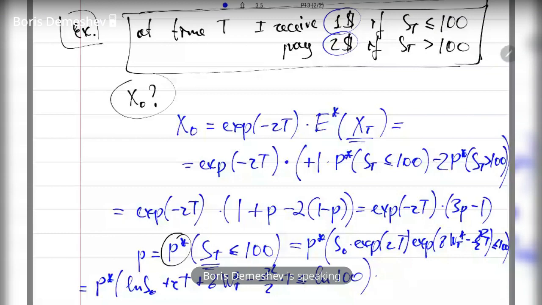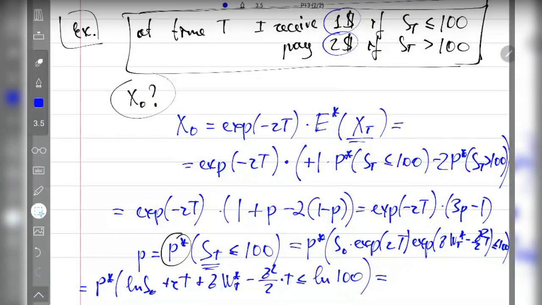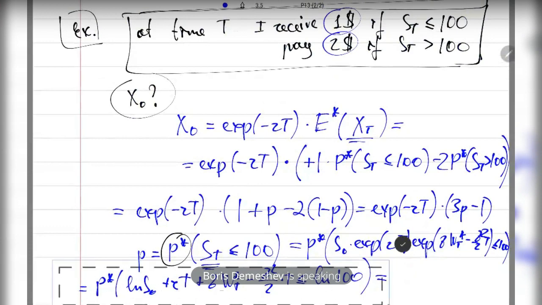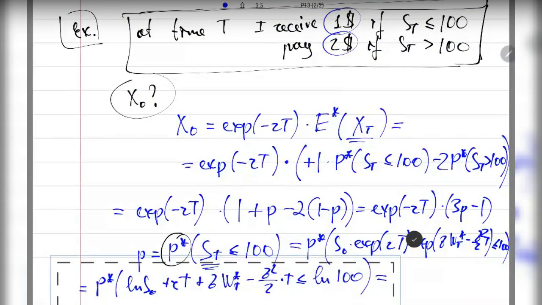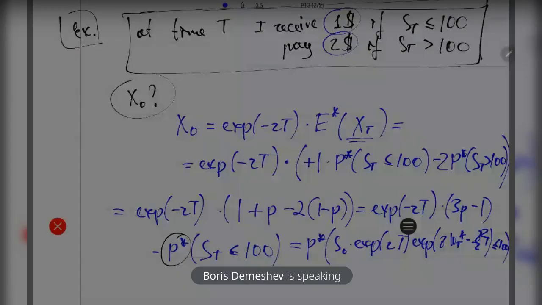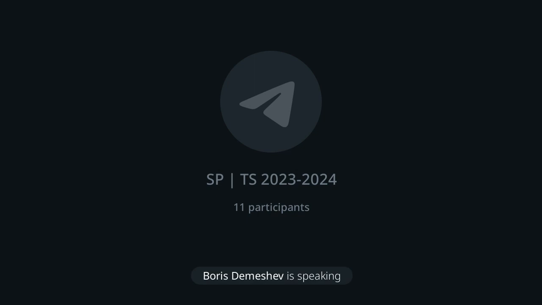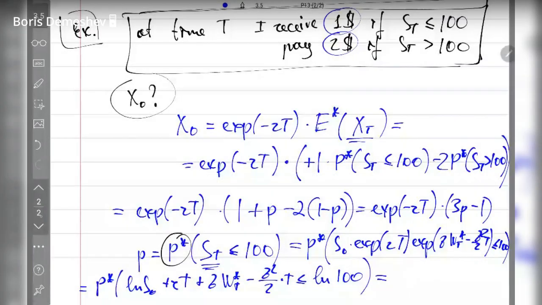We know that, let's continue on the next page. That's more or less easy now. We will just express this probability in terms of WT star.